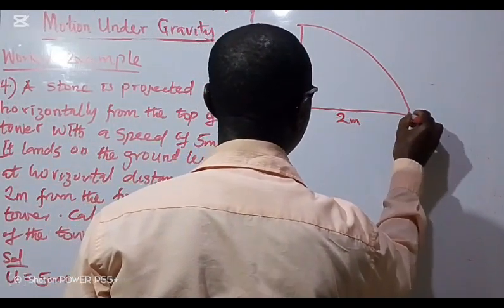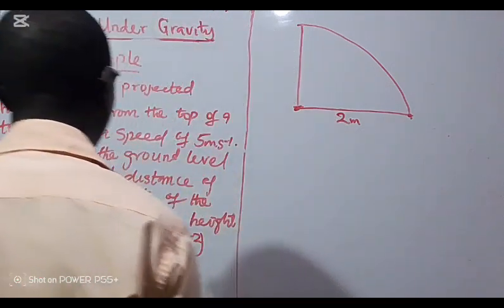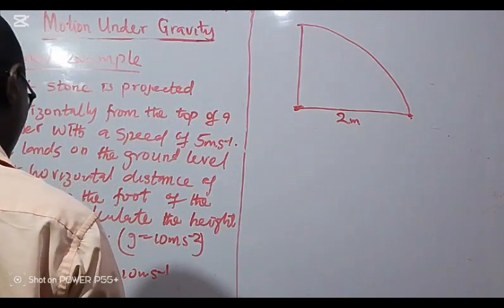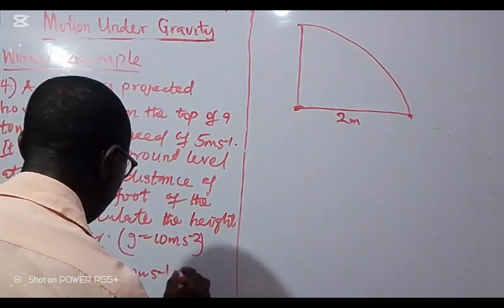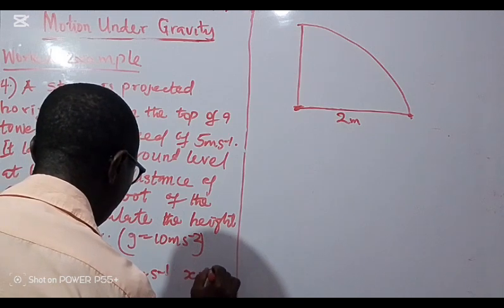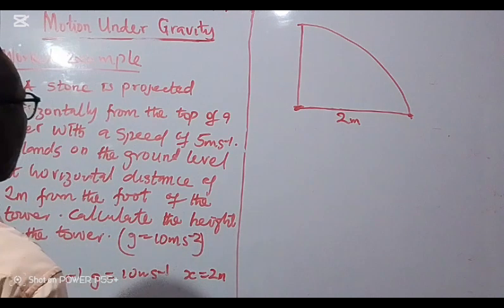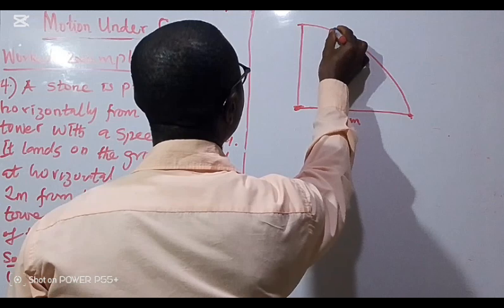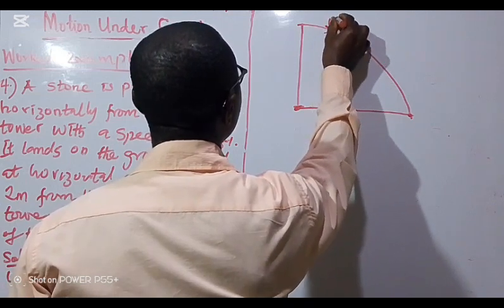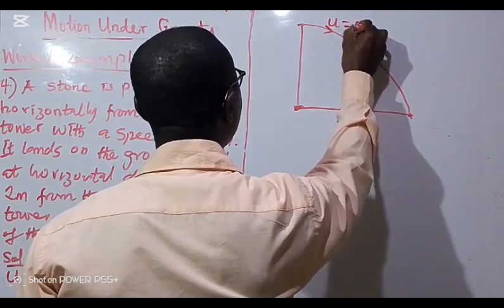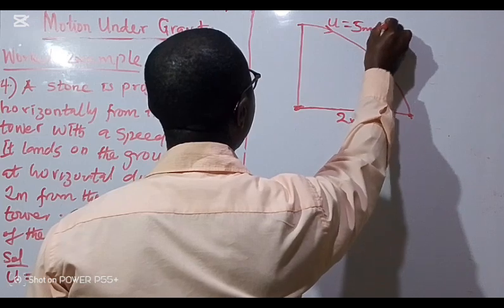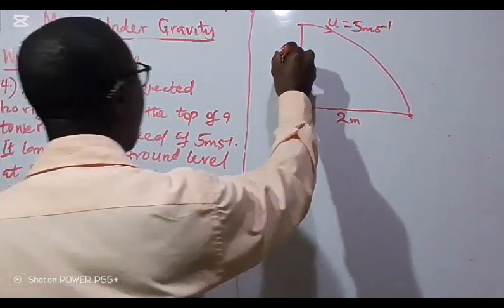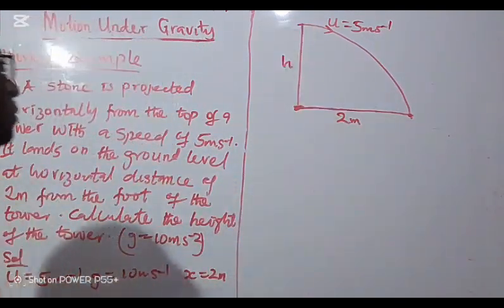This is the foot of the tower, and the horizontal distance, x, is given as 2 meters, and the speed at which this thing is moving, u, is equal to 5 meters per second. So we have to calculate the height of the tower.